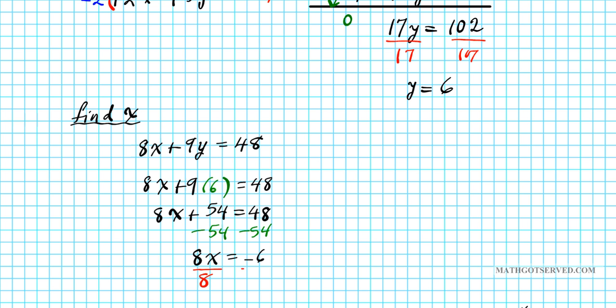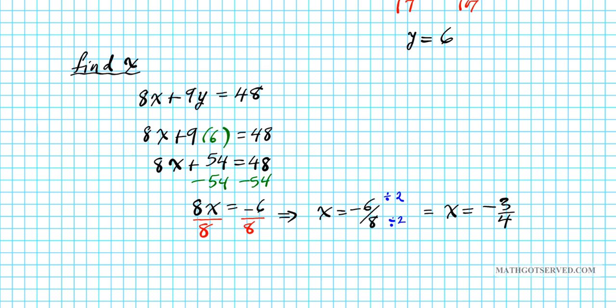So divide by 8, divide by 8. That gives us x equals negative 6 over 8. But these two have a common factor, right? The greatest common factor of 6 and 8 is 2. So divide top and bottom by 2. So your final answer for x is negative 3 over 4.